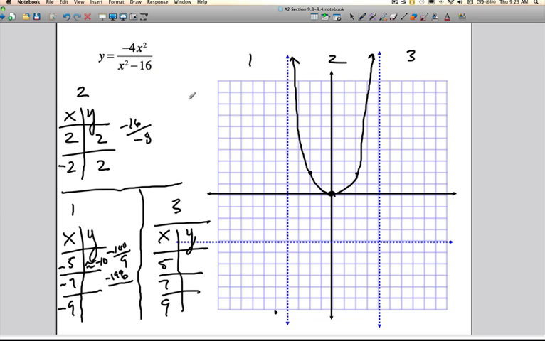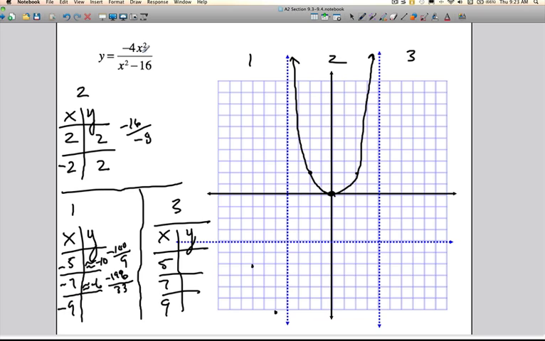And then 49 minus 16 is 33. So you can see this is going to be about approximately negative 6. I'm estimating because we're graphing, so we've got some level of estimation going on anyway. So about probably a little bit below that, negative 6.